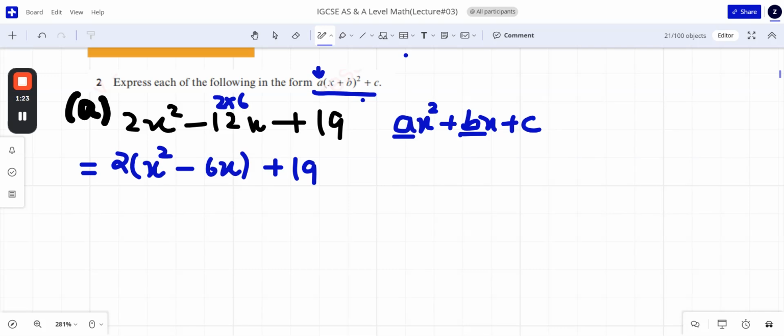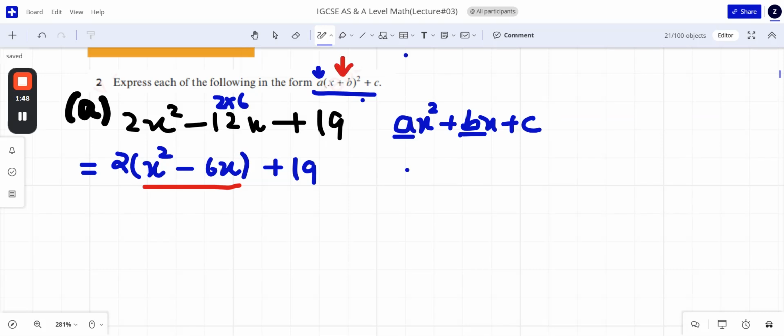The second step is to apply the completing square formula to the first two terms, inside the parentheses, because the form is a into (x plus b) whole square, where a, b and c are constants. So we can get a whole square by the completing square method.